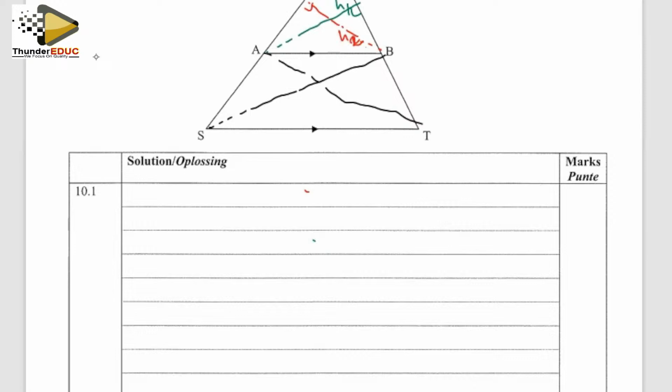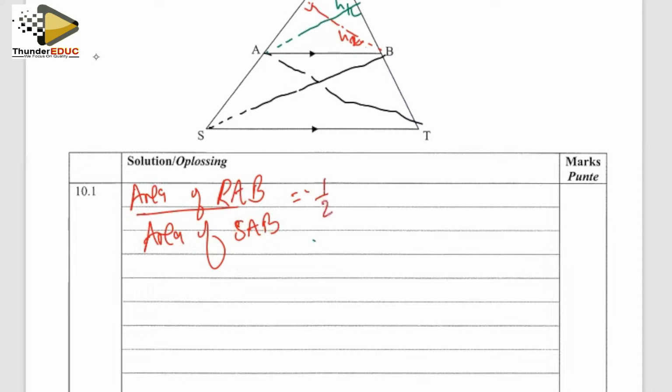Okay. So I'll start by using the areas and say that the ratio of the area of RAB over the area of SAB. RAB, SAB.